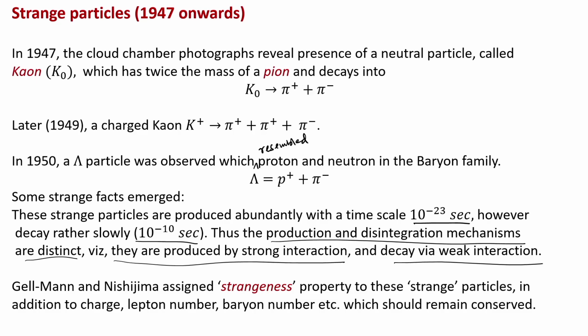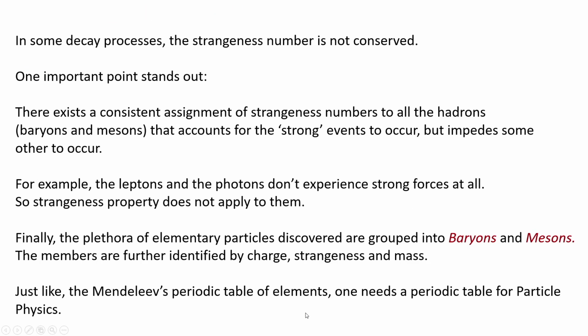In keeping with the name strange particles, Gell-Mann and Nishijima assigned a strangeness property to these particles. In addition to the charge, lepton number, baryon number, etc., which should remain conserved, the strangeness number also needs to be conserved in a decay process.